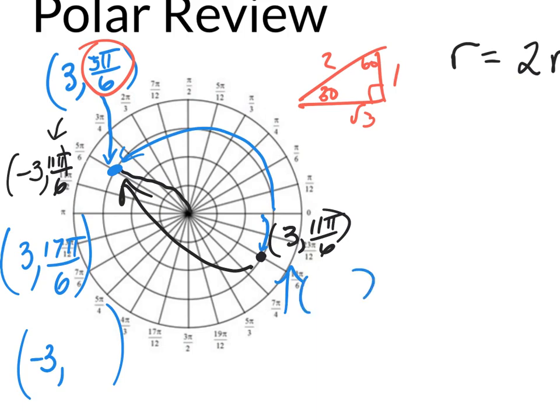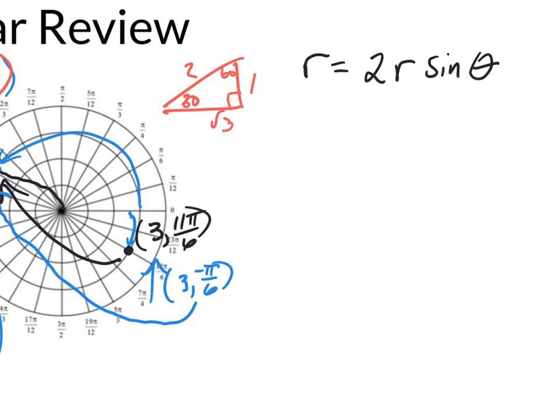So this spot right here is 3 comma negative pi over 6. And if I want to reflect it over here, it'll make its r become negative. So we have negative 3 comma negative pi over 6. All right, so that's several different ways to make your polar points, and that's important for you to understand if you're really going to understand polar.